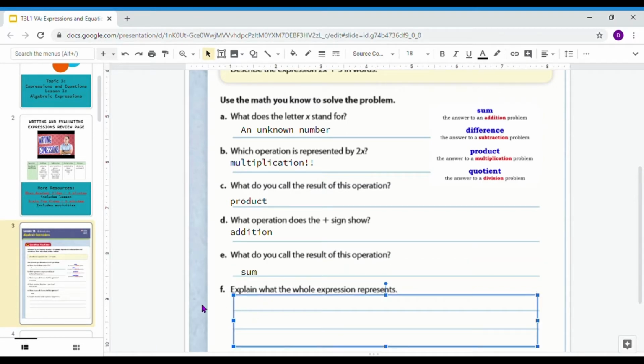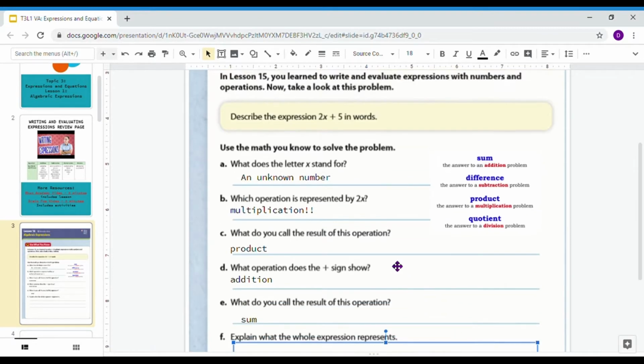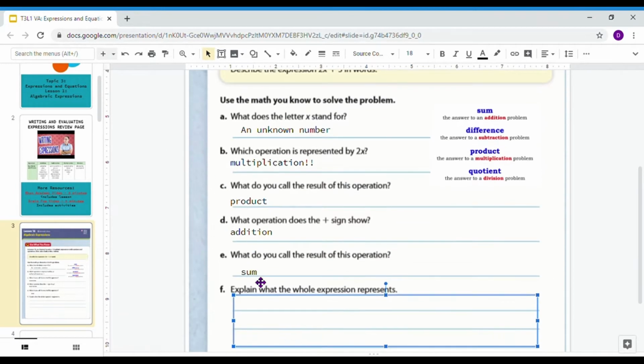And then F says, explain what the whole expression represents. So I need to go back up. It says 2x plus 5. So this whole expression is really representing these two numbers being added together. So we're going to write down that the expression represents, remember I'm always trying to use the words that our author is using, so when I'm rewriting my question in a full sentence, I'm using that same verbiage.